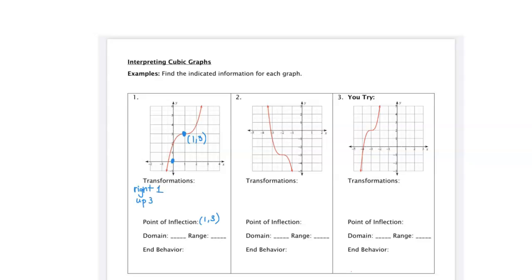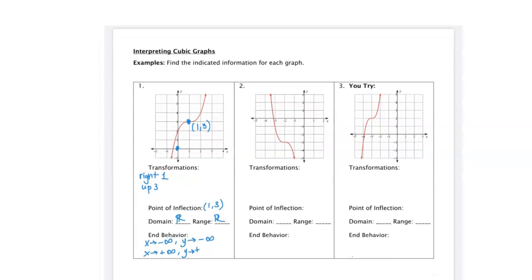When we think about the domain and range, they're always all real numbers for both. The end behavior as x approaches the left, our y's are going down towards negative infinity. As x approaches the right, our y's are going up towards positive infinity.